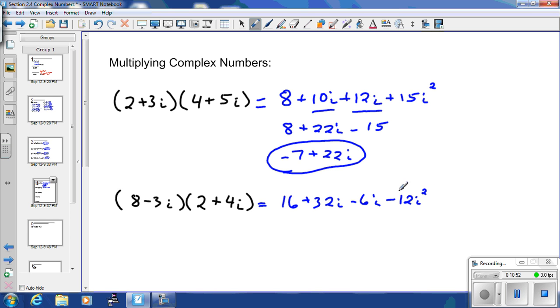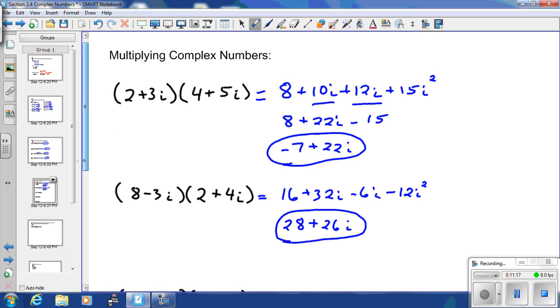That's going to become a plus 12, because I squared is -1. So 16 plus the 12 makes 28. 32i minus 6i is 26i. And that's what that product is.